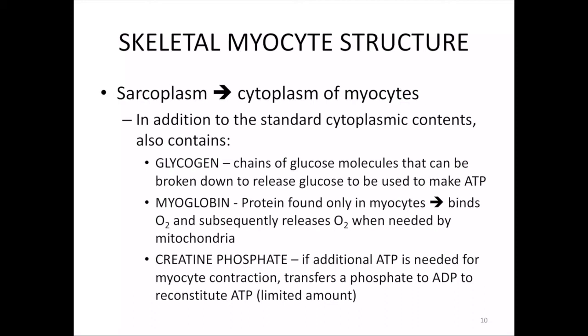It can transfer that phosphate to ADP to reconstitute ATP. Again, there's a finite amount that we can create in terms of ATP. But it's very energy expensive to contract and create a tension force in our myocyte. So we need to find ways to maximize the amount of ATP that we can create, and in times of scarcity, how we can create some extra ATP if needed.